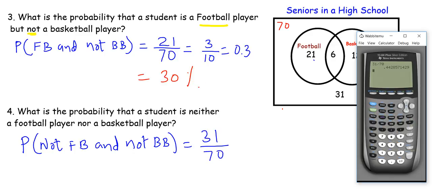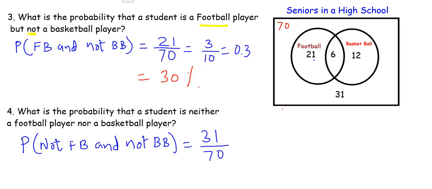I'll write 0.4429, and the percentage, on multiplication by 100, the decimal point moves, so 44.29%. That is the probability that a student is neither a football player nor a basketball player.